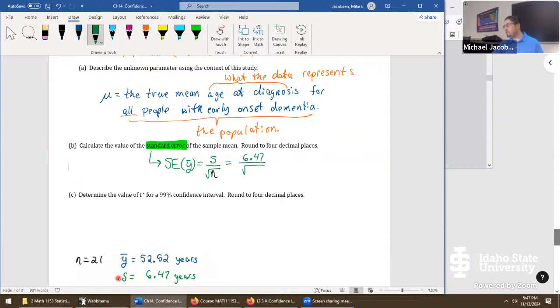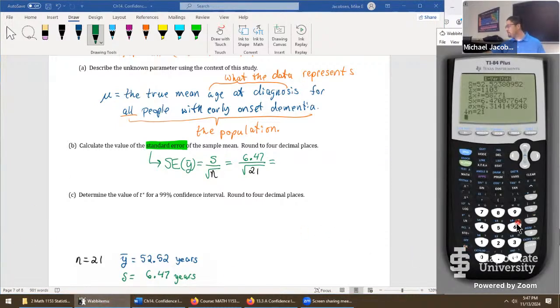6.47. The N in the formula is referring to the sample size, which is the 21 individuals. And then we just jam it all into the calculator. So this is the fun step. Go 6.47, divide by, hit second key and power 2 to get that square root of 21.